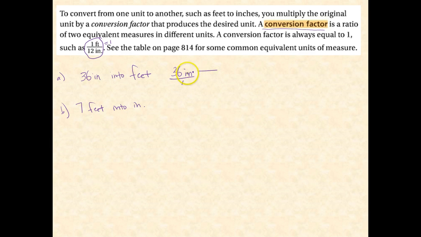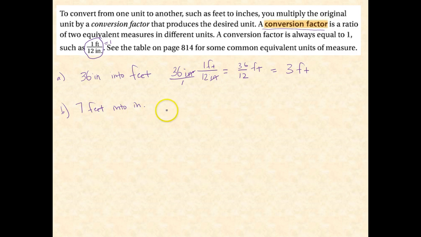So if inches is on the top here, I need inches on the bottom here. 12 inches to 1 foot, so that when I multiply, inches over inches cancels out, and that's 36 over 12 feet. 36 divided by 12 is 3, so that's 3 feet.